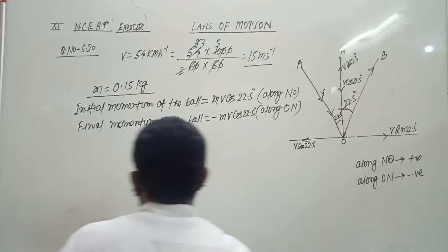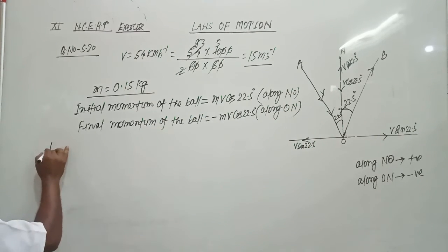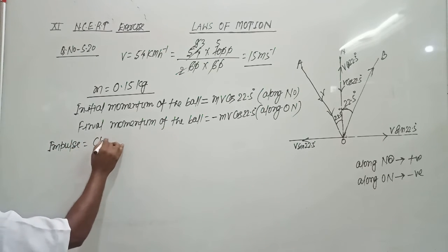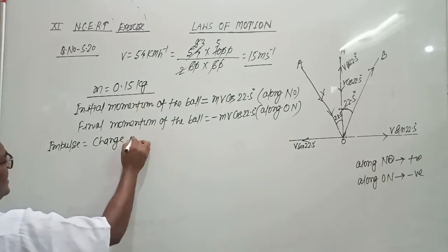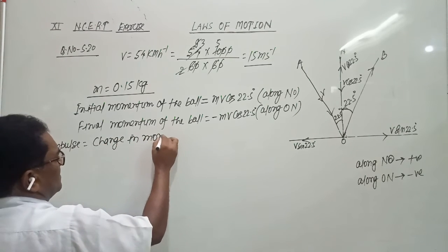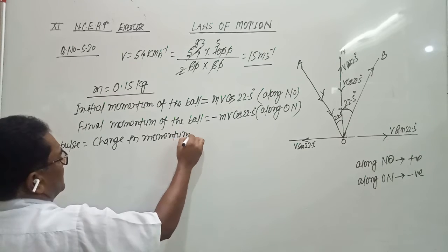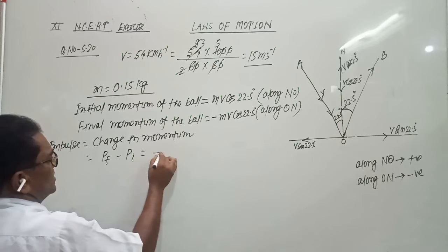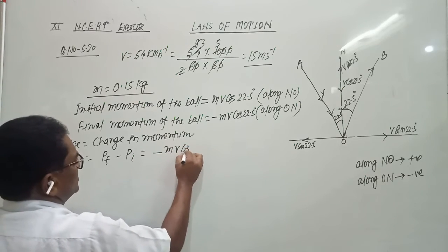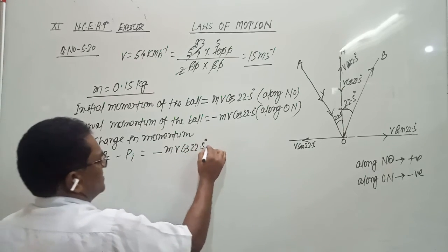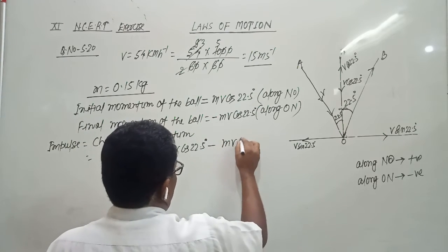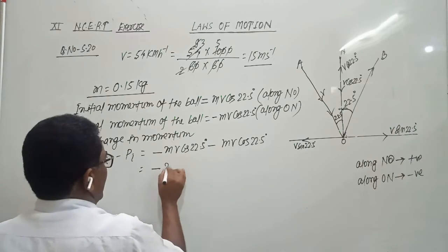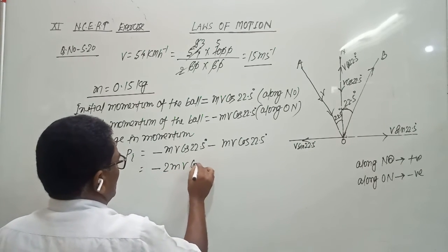Now impulse equals change in momentum, so final momentum minus initial momentum. Final momentum is minus mv cos 22.5, minus initial momentum mv cos 22.5 degree, and that is minus 2 mv cos 22.5 degree.